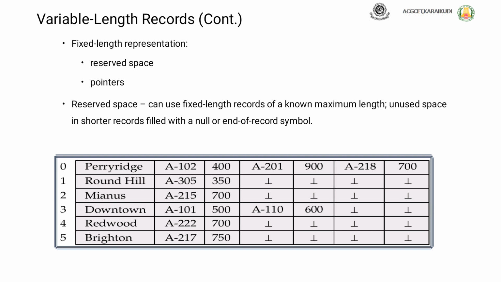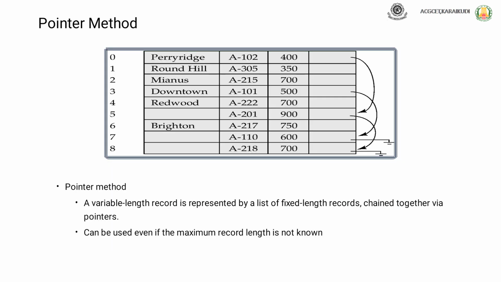To represent the file by the linked list method, we add a pointer field. This is the figure of the pointer method. The disadvantage of this structure is that we waste space in all records except the first in a chain.